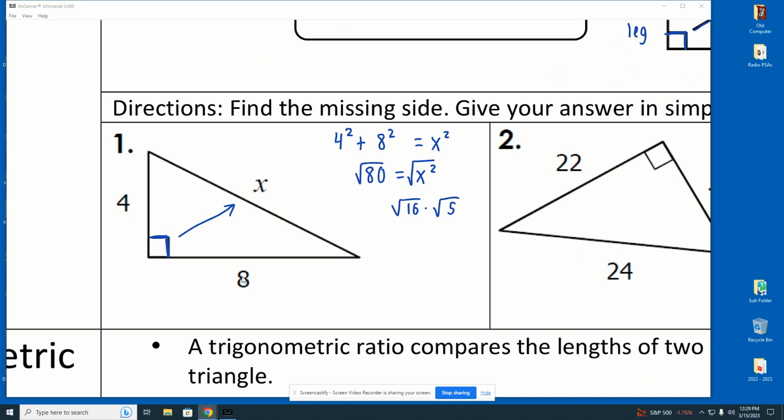I don't try a perfect square above 40. 36 won't work. 25 won't work. 16 does. 5 times. So the whole idea behind that is 16 being a perfect square gets to break out of that radical as a 4. The 5 does not. So my hypotenuse, simplified, is 4 square root of 5. 4 square root of 5.